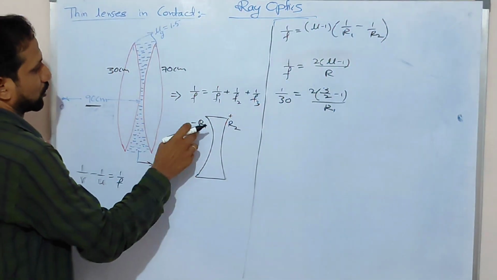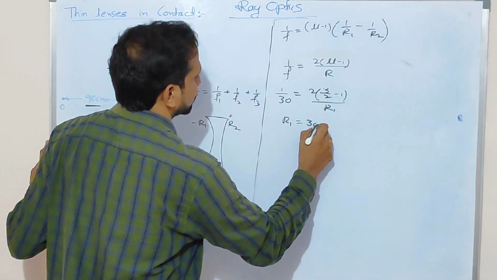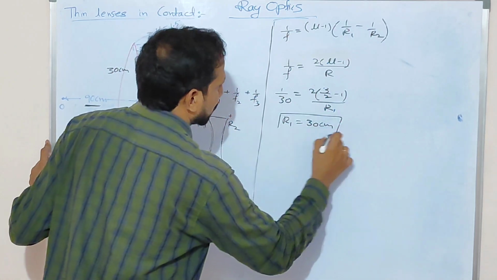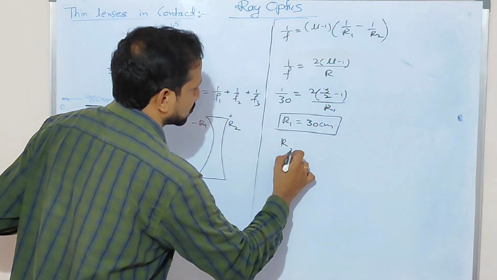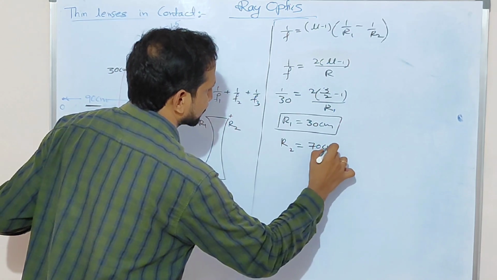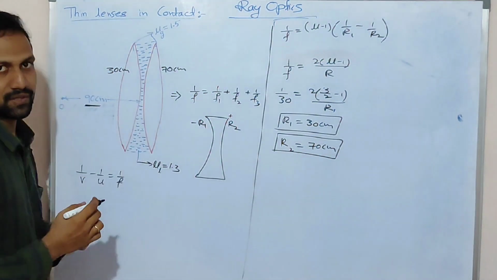You may find that R1 will be 30 centimeters. The same formula we can apply for the second lens, and R2 will be 70 centimeters because the focal length of the second is 70.